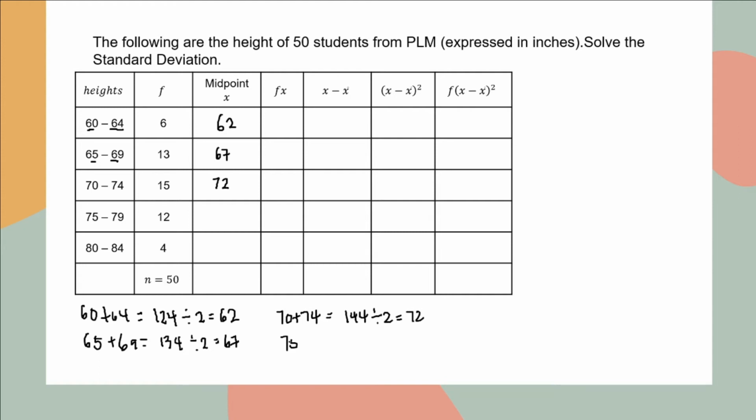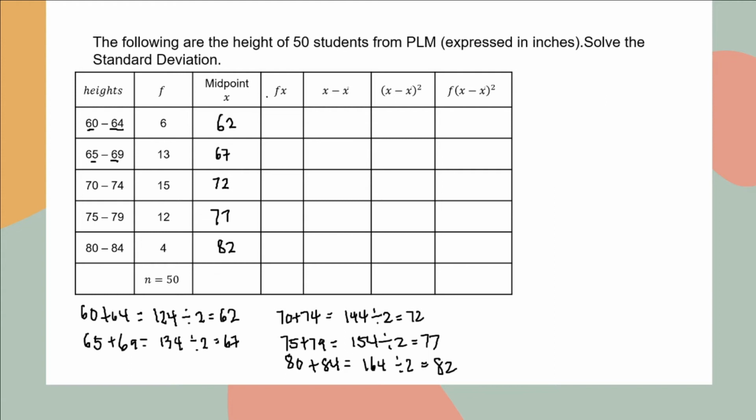Next is 75 plus 79. So 154. Divided by 2, we have 77. Last, 80 plus 84, we have 164. Then divided by 2, we have 82. Okay, so that's how you solve for the midpoint.